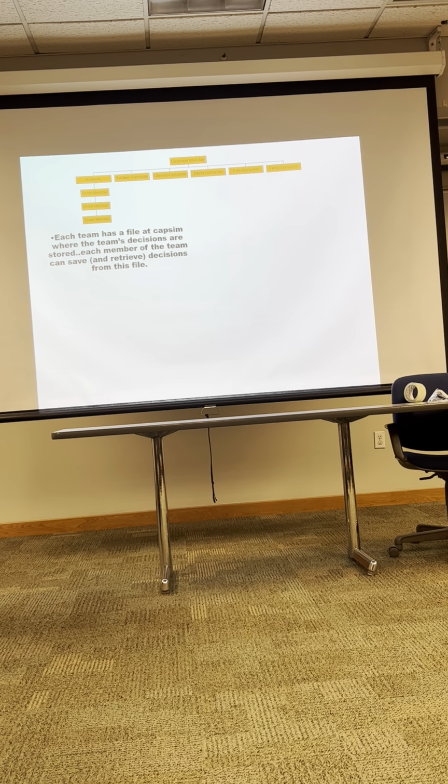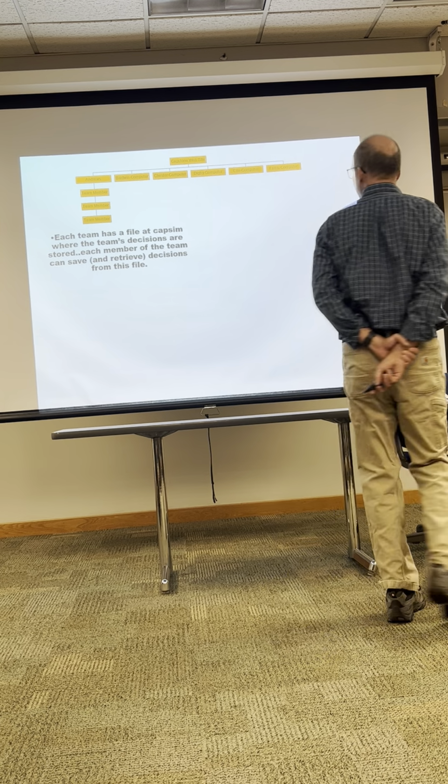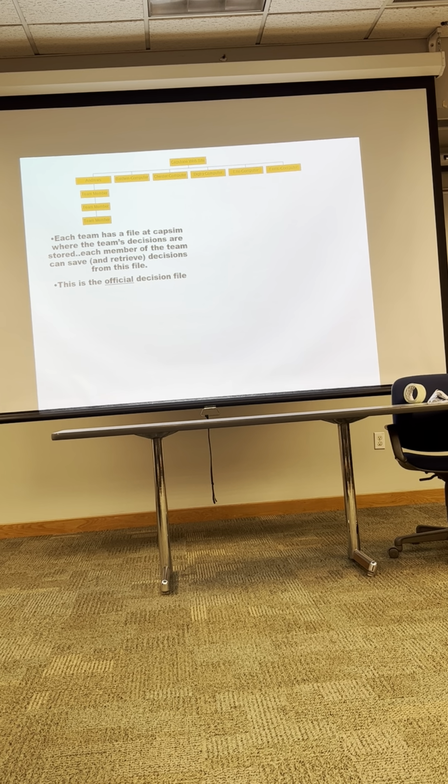It's just tough. Now I'm going to codify some of these things and give you a couple of warnings, all right? Each team has a file at CapSim where the team's decisions are stored. Each member of the team can save and retrieve decisions from this file. This is called the official decision file. You, your teammates, me, and the simulation can all see it, all right?